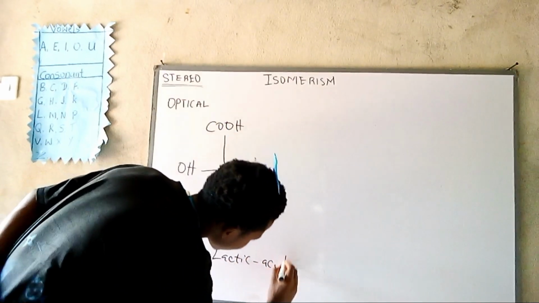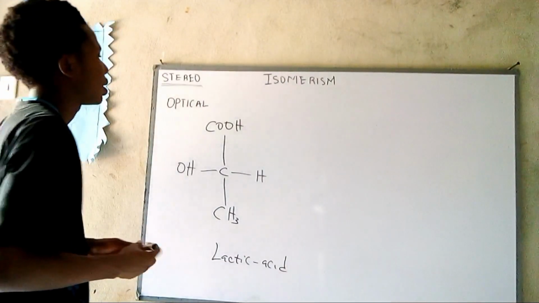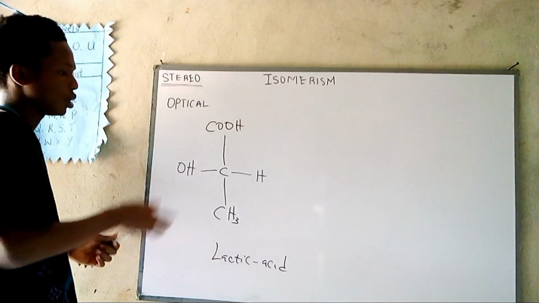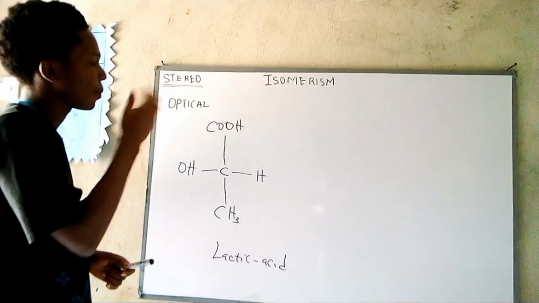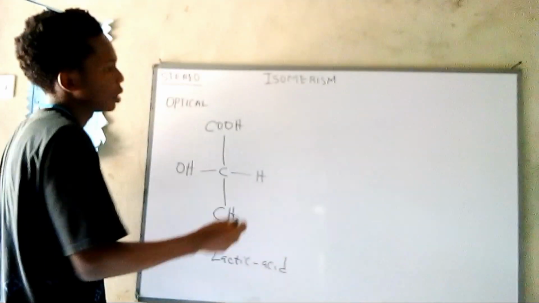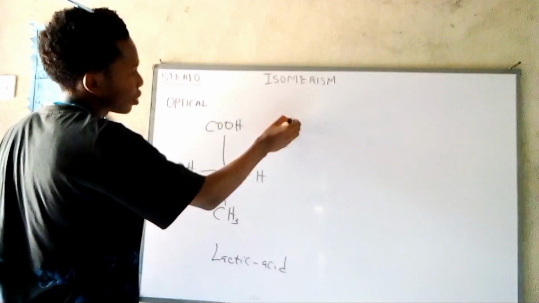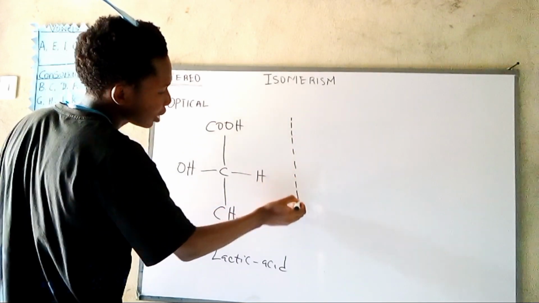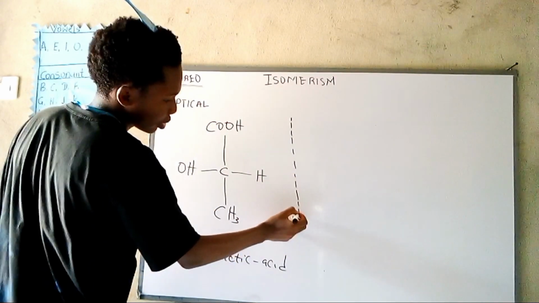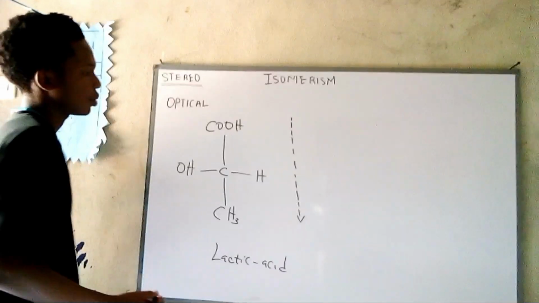Alright. Now, since it has the characteristics of an optically active organic compound, let's draw its opposite side, a lateral image of itself. Alright, so now this is how we draw it.